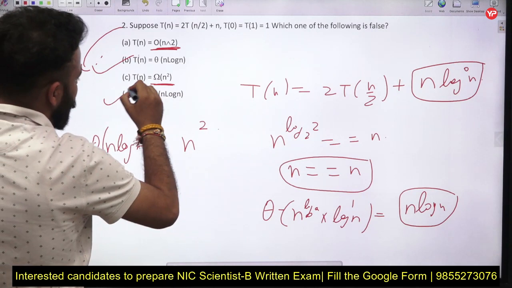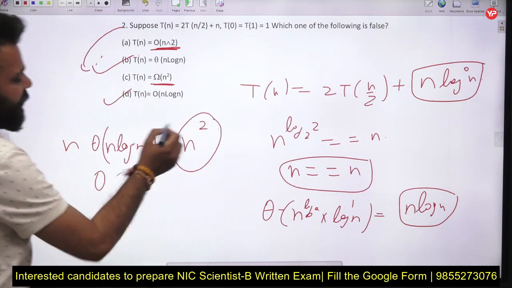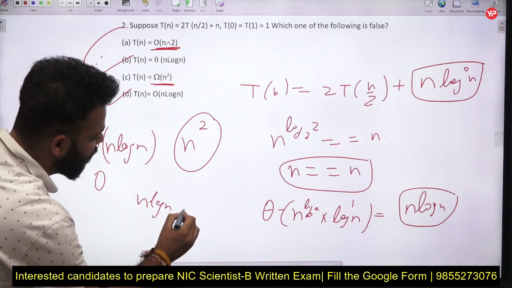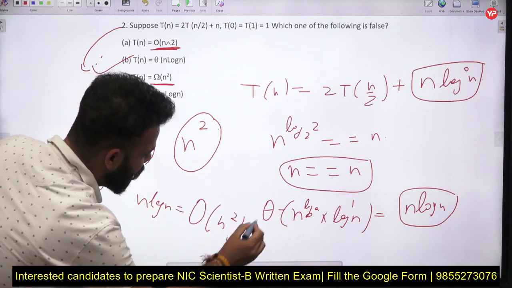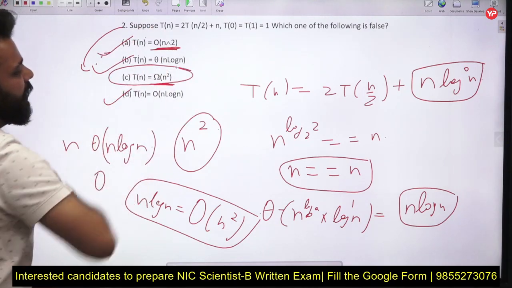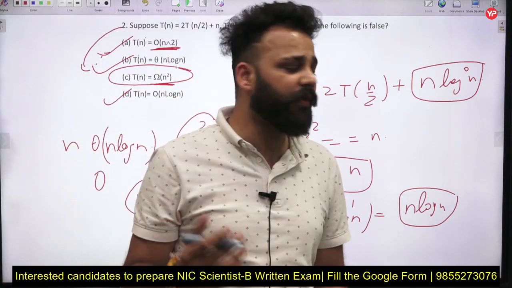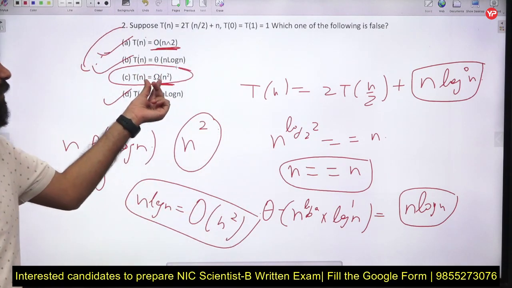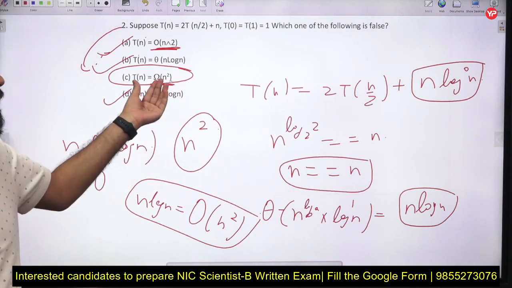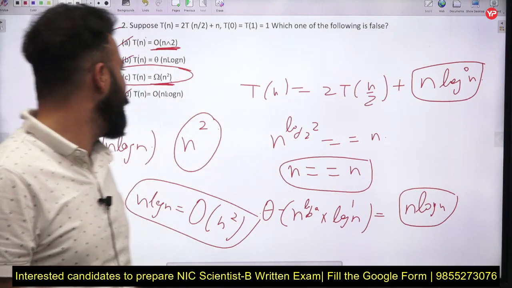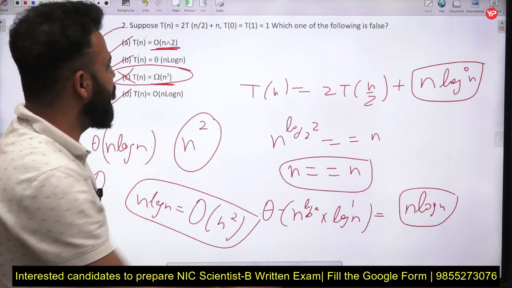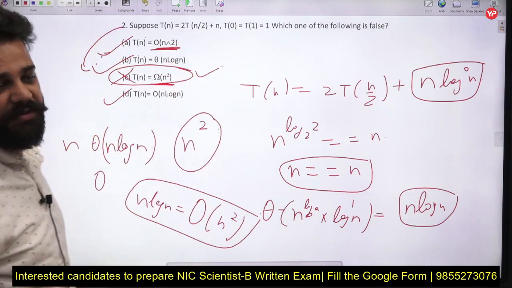Now n square is already bigger than n log n, so you can write big O of n square. So obviously this option will also be correct, but the third option will be incorrect, because in this it is saying that n square is smaller than n log n, and which is not the correct case. So the C option will be false. So the correct option will be C, because all the three other options are true.